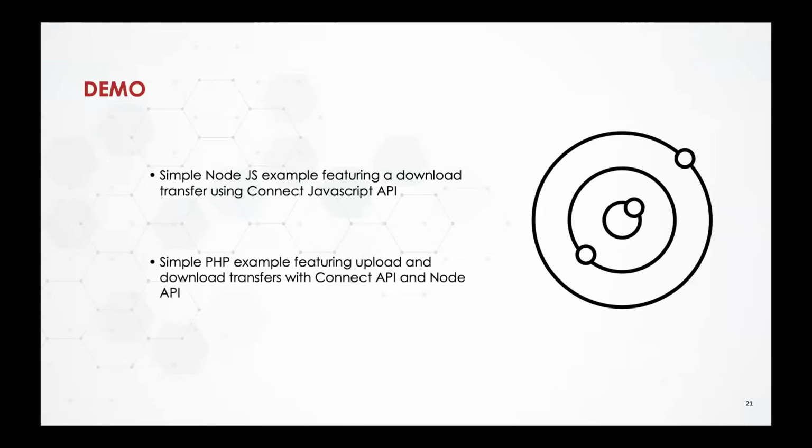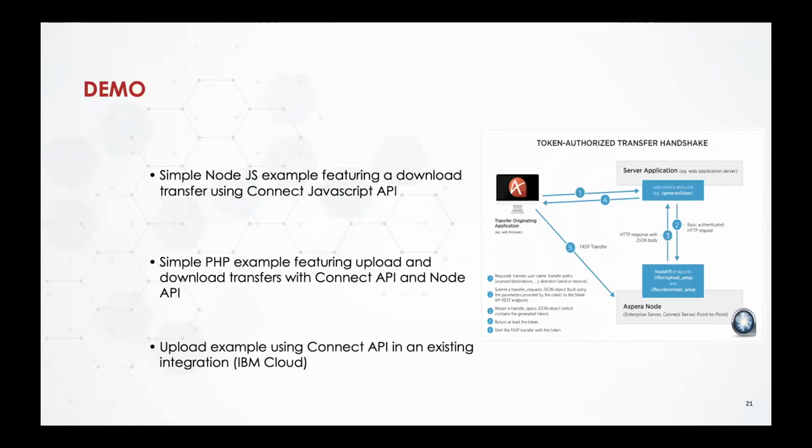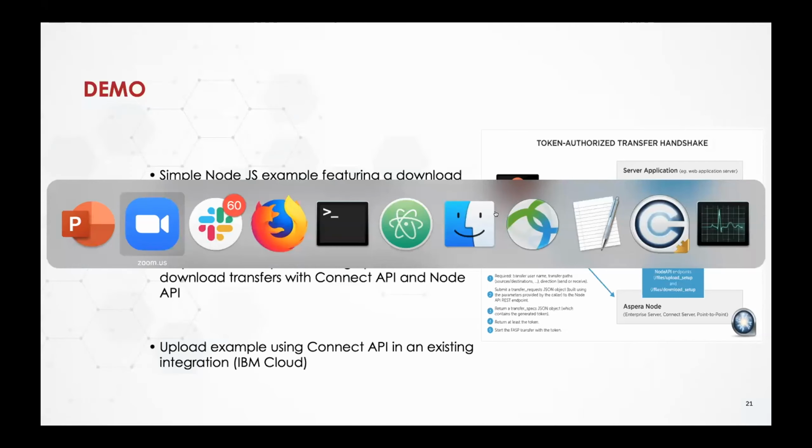And then I'll show you something else, which is a real world and existing integration which is done by IBM Cloud Object Storage team using the Connect API. So bear in mind this handshake because we will see it in a few minutes. So I'm now turning to the demo.